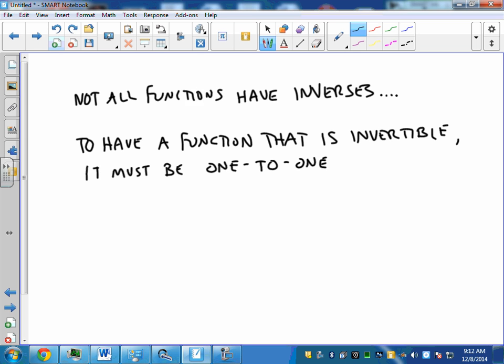Or another way of saying that is pass the horizontal line test.